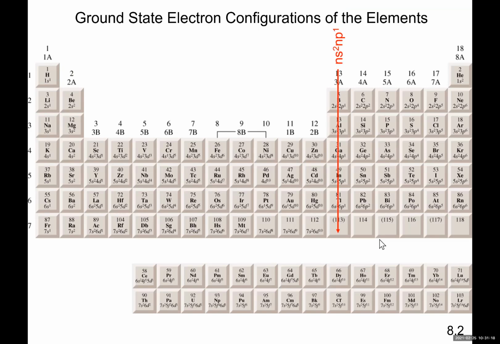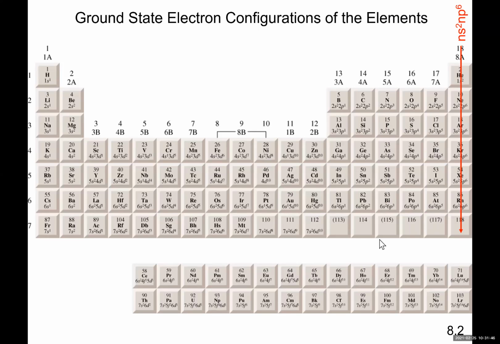Group 3A have 3 electrons in the valence shell, 2 of them in s, 1 of them in p. Group 4A, 4 electrons in the outer shell. Group 5A, 5 electrons. Group 6A, 6 electrons. Group 7A, 7 electrons. Group 8A have 8 electrons in the outer shell.